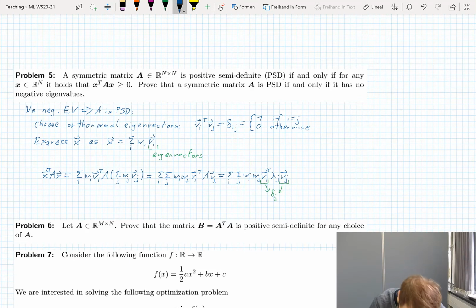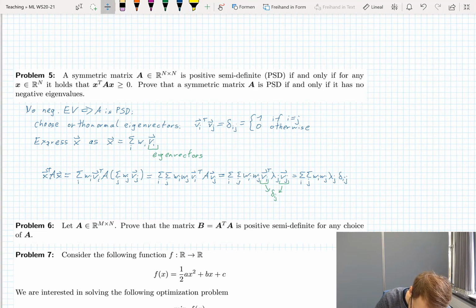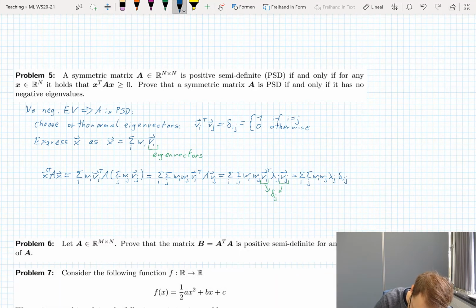Okay? So we rewrite this as the sum of w_i w_j lambda_j delta_ij.